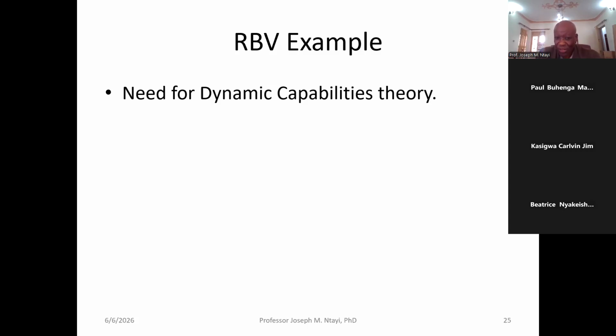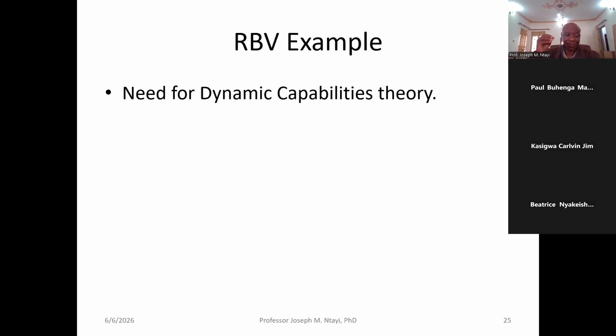So in such a situation, ladies and gentlemen, you will be allowed, for example, to mix the dynamic capabilities theory and the resource-based theory within a very turbulent environment that you are studying. And please make sure that the environment you are studying is a turbulent environment.